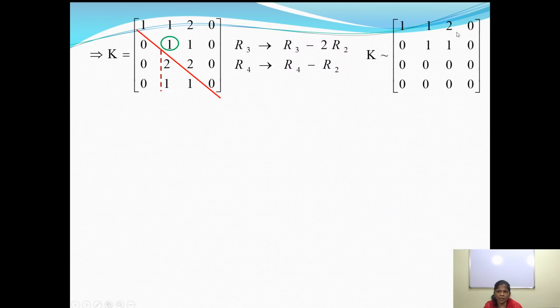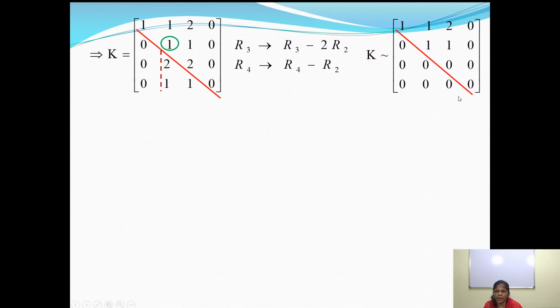So no changes in the first 2 rows, and the changes according to this operation in the third row is this one, and for the fourth row is this. Okay, so it is like this, 2 minus 2 times 1, 0, then 2 minus 2 times 1, 0, then 0 minus 2 times 0, 0. Then for this it is R4 minus R2. So what we have, 1 minus 1, 0, 1 minus 1, 0, 0 minus 0, 0.